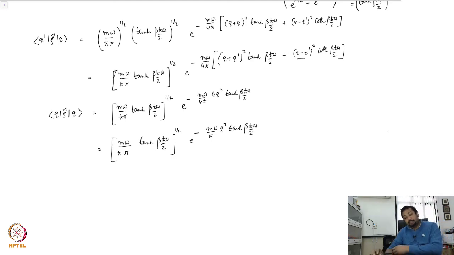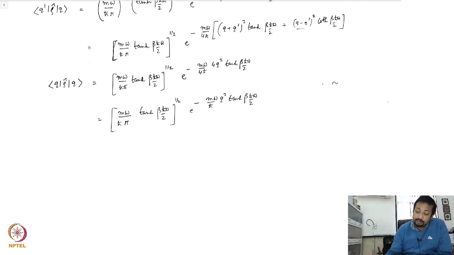Now what do I expect in the classical limit? If I take this system in the classical limit, I would expect that it will have a canonical distribution. So which means that rho of q must go as e to the power minus half m omega square q square over kBT.